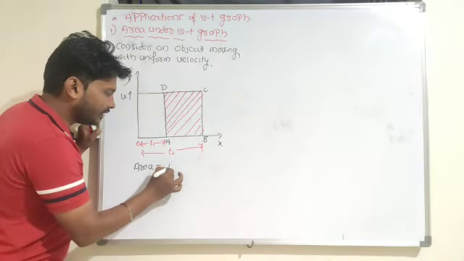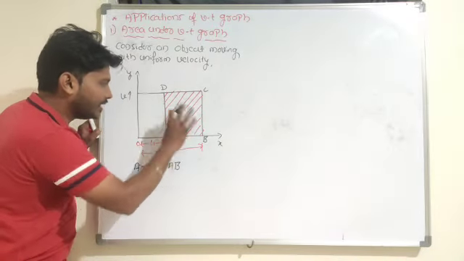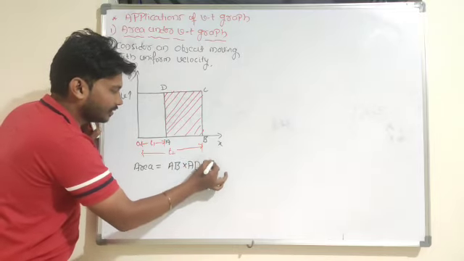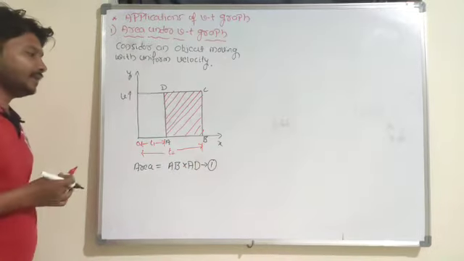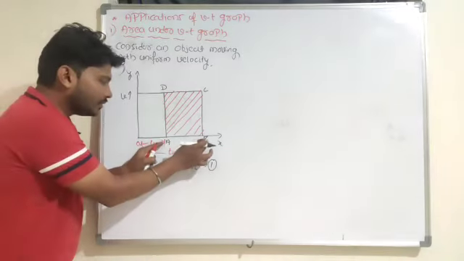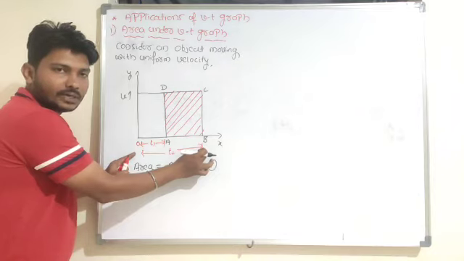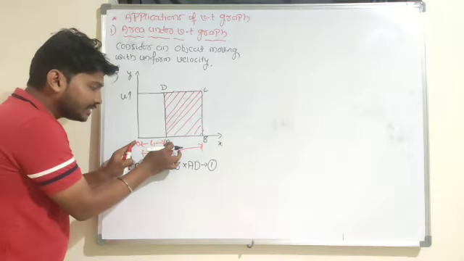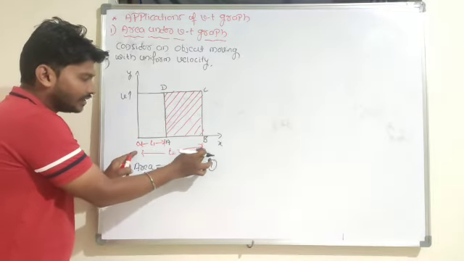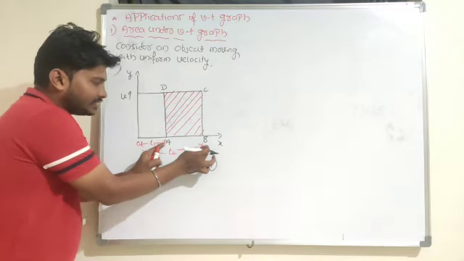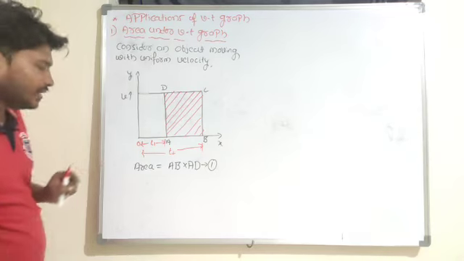Area is equal to length AB into breadth AD. I don't know the value of AB, but I know OB, which is T2, and OA, which is T1. T2 minus T1 is the remaining distance AB.